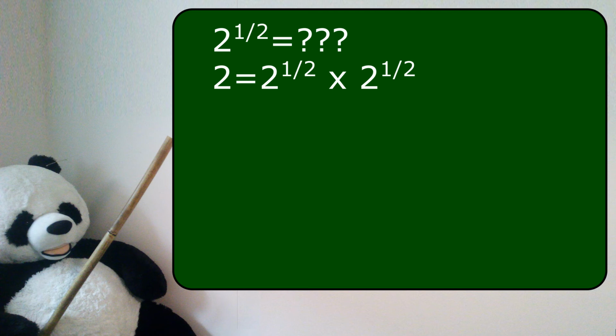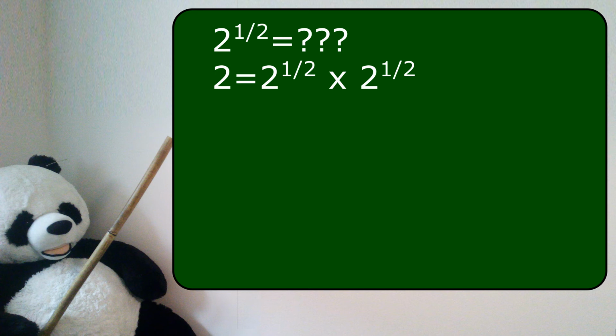So now 2 to the power of 1/2 times 2 to the power of 1/2 means that you're looking for something that you can multiply by itself to equal 2, which, while difficult, at least makes some sense.